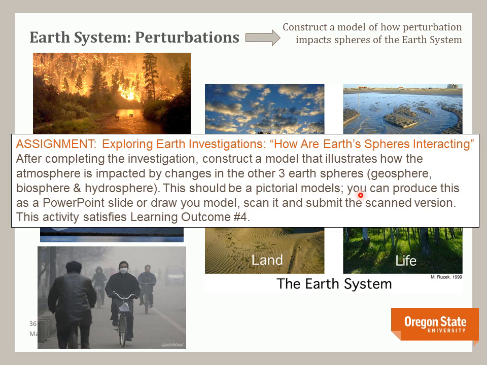This should be a pictorial model, and you can provide this as a PowerPoint slide or draw your model, scan it, and submit the scanned version. And this satisfies our learning outcome number 4. So your goal, after going through this investigation online, is to come up with some ideas about how the atmosphere, because that's what we're studying, is impacted by events within the geosphere, biosphere, and hydrosphere.